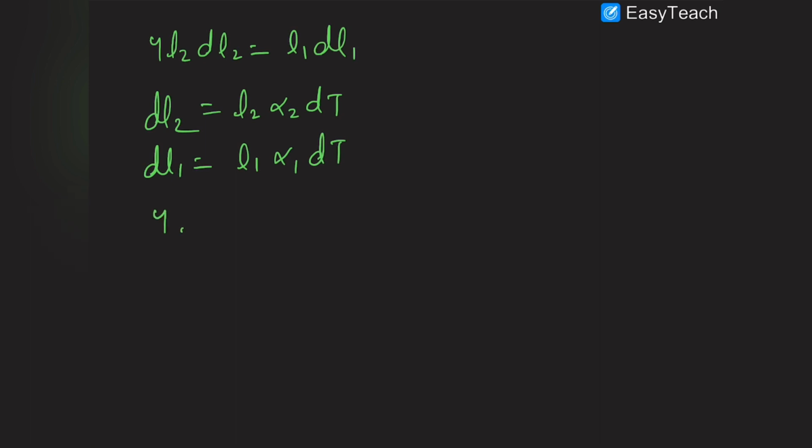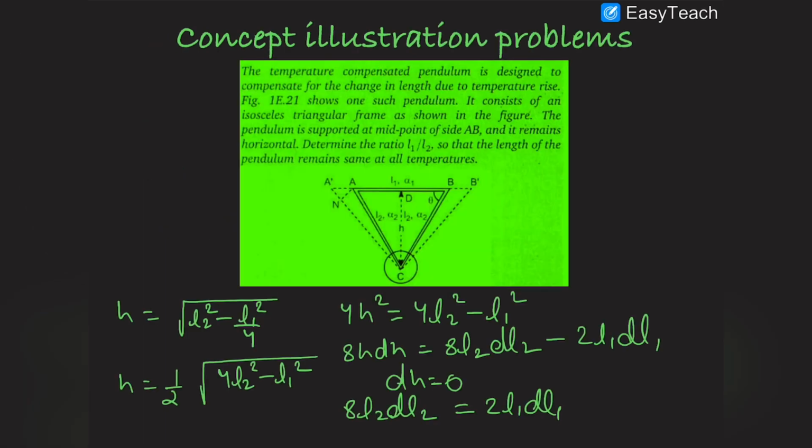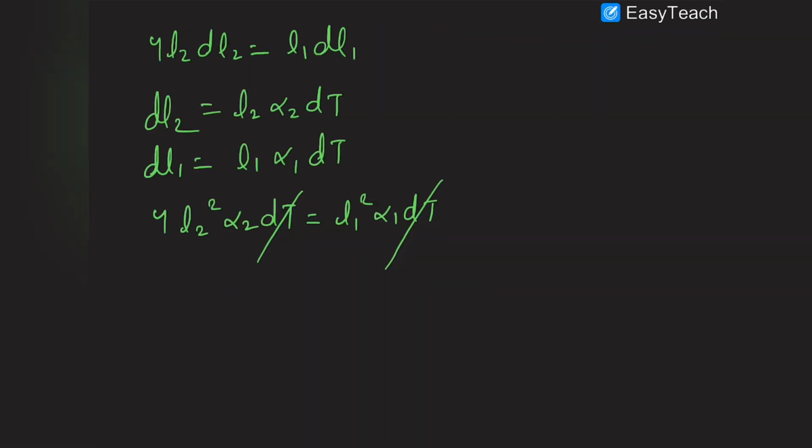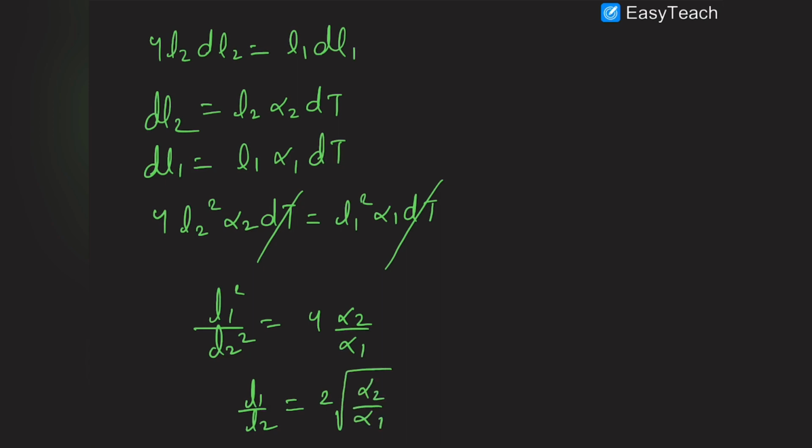So 4 L2 square alpha 2 dt is equal to L1 square alpha 1 dt. Cancelling this dt with dt, we need to find out the value of L1 by L2. So L1 by L2 whole square will be equal to 4 alpha 2 by alpha 1, and L1 by L2 will be equal to 2 under root of alpha 2 by alpha 1.